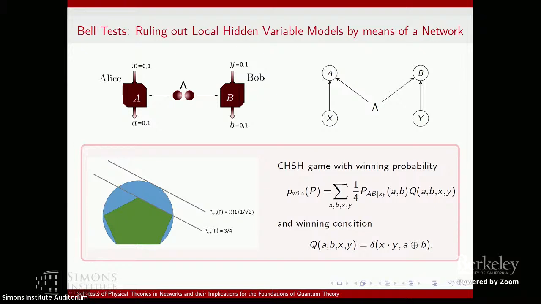Here, this is the probability that the referee chooses uniformly from the set of questions. They generate their answers, and then it's evaluated according to this. The score in the classical case, the best they can do, is 3/4, whereas in the quantum case they can go up to roughly 85%.